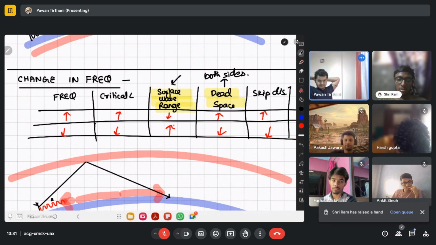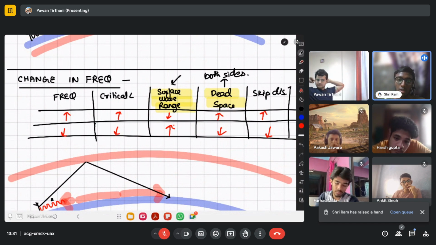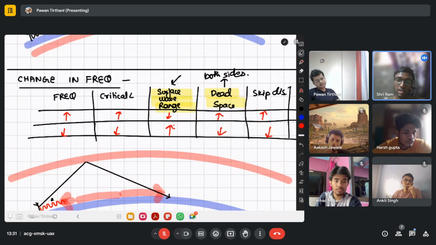Yes. I understand the surface wave range decreases due to attenuation, but could you explain the dead space? What is the definition of dead space? It's the area from the point of reception of the first sky wave to the point where the surface wave is attenuated. So this point of attenuation is moving further back.